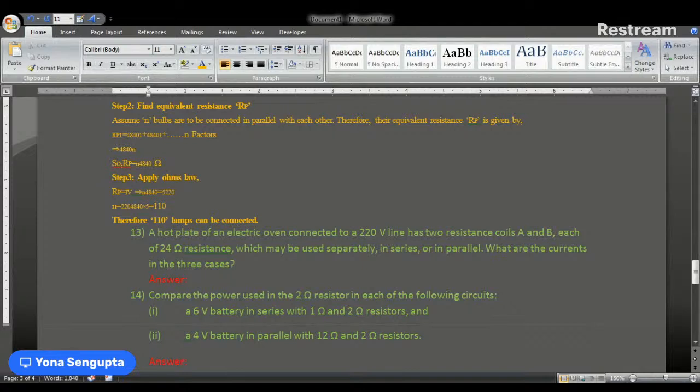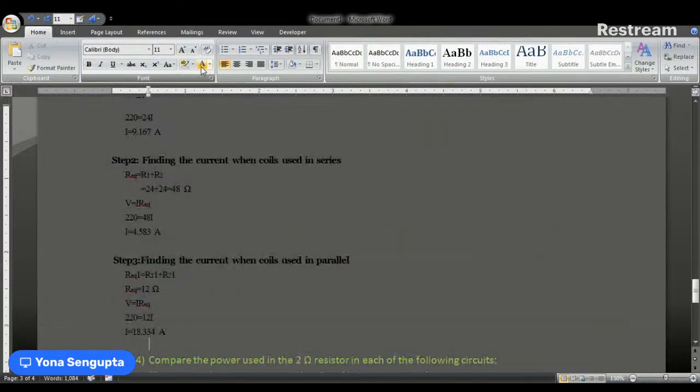Now, equivalent resistance in both series and parallel. So there will be in total three steps that we are going to do.